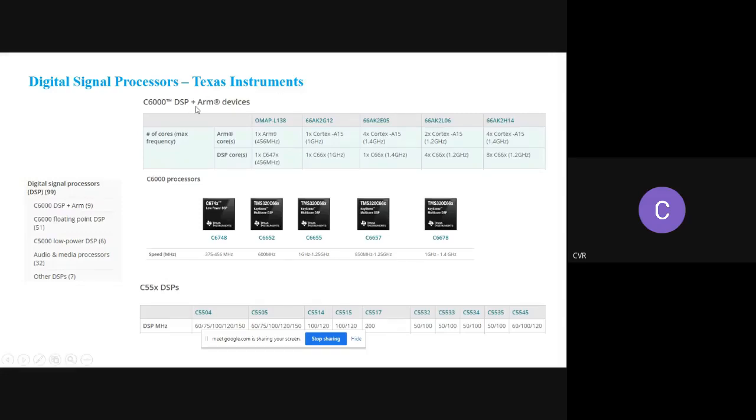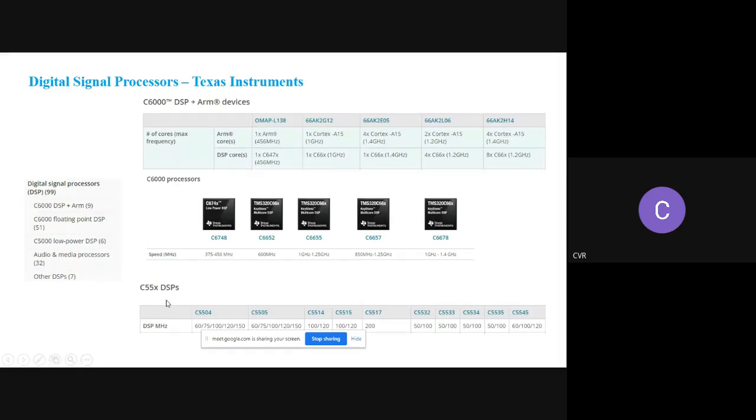You have different types of processors from Texas Instruments. You have pure DSP processors, and combinations of DSP plus FPGA and DSP plus ARM processors. The C6 series is a very high end, quite expensive line, used in image processing, network base stations, 5G, and servers. It goes up to 8 cores, or 8 cores with a 4 core ARM processor.